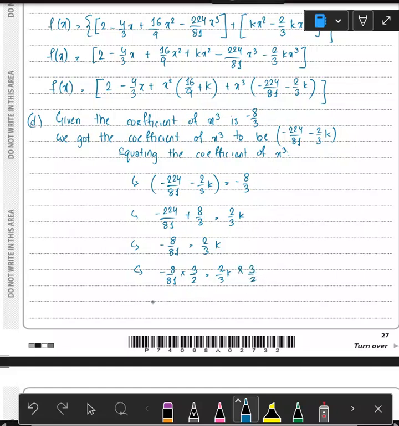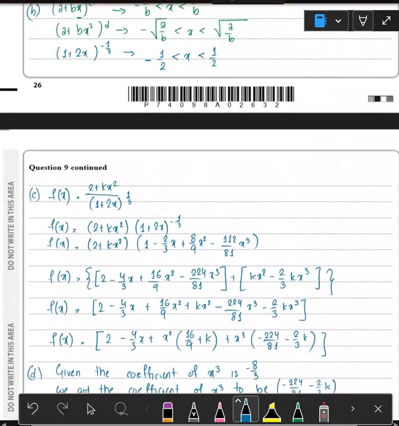Okay, so this would become k is equivalent to, if I work with the left hand side, then we'll get negative 4 by 27, and the right hand side it will become k as I've written. So k would be negative 4 by 27.